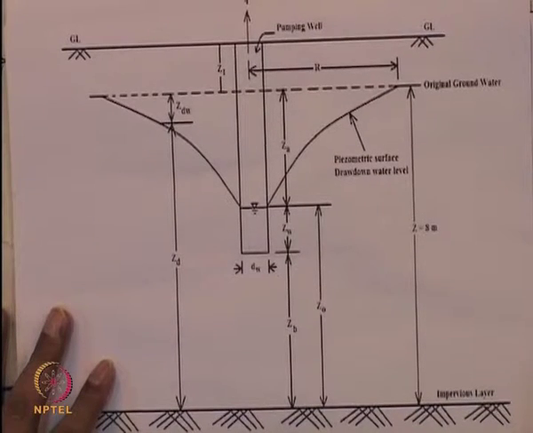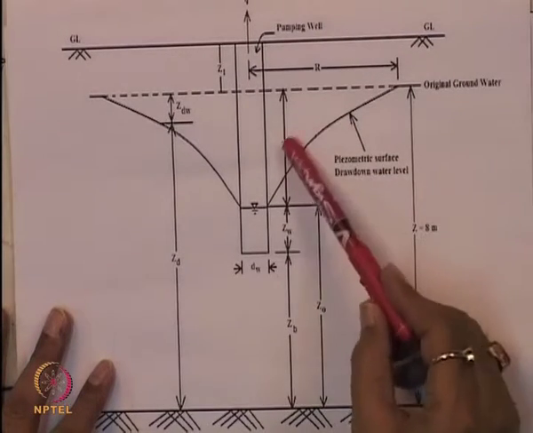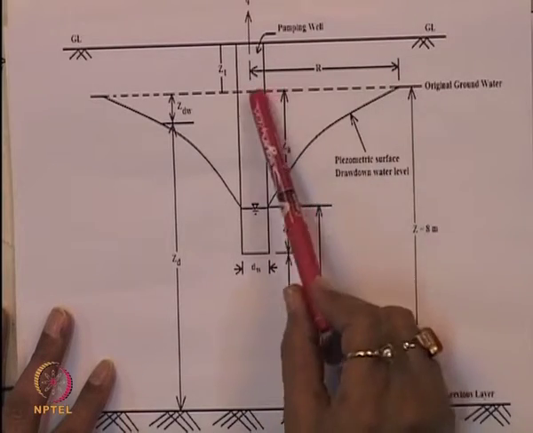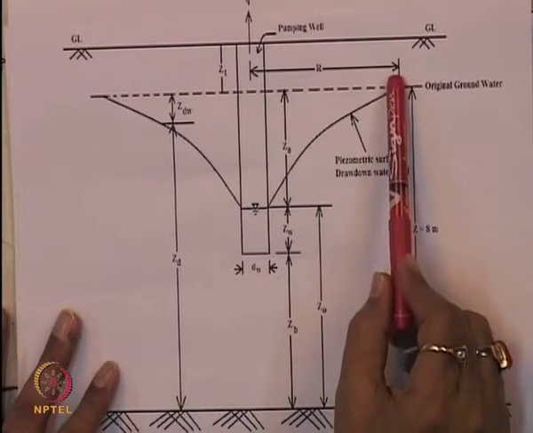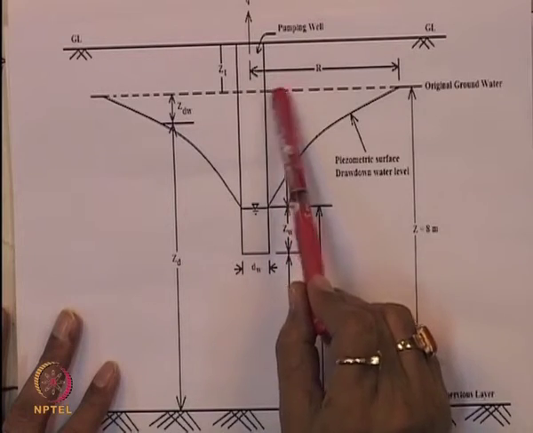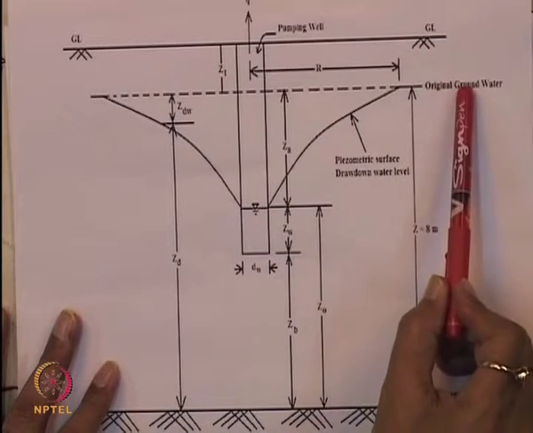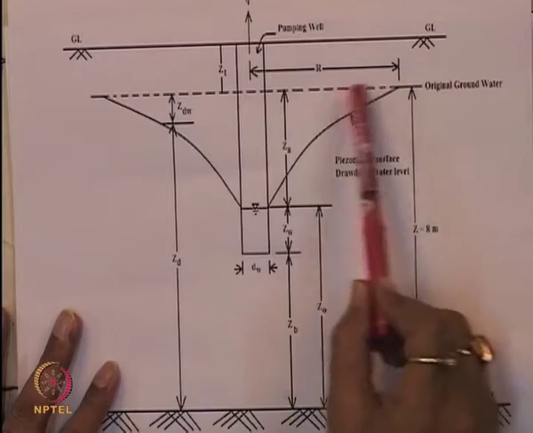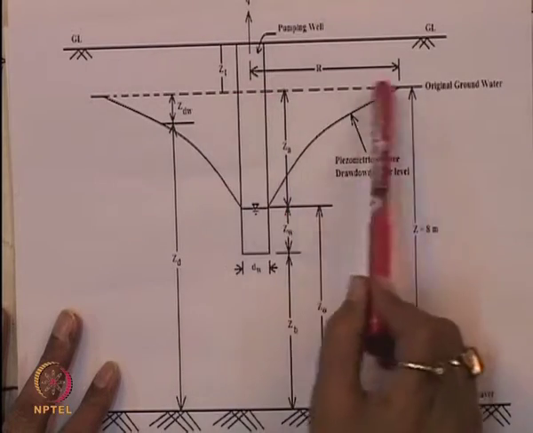Okay. Now, here R is equal to the radial distance of the original groundwater level from the drain center. This is R.